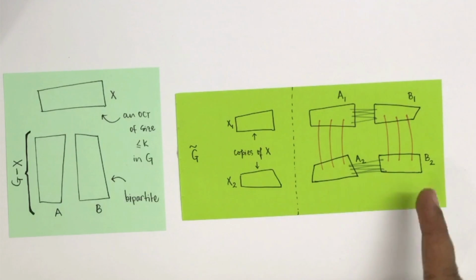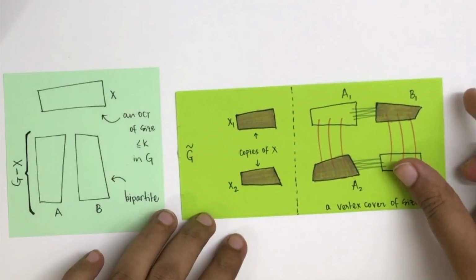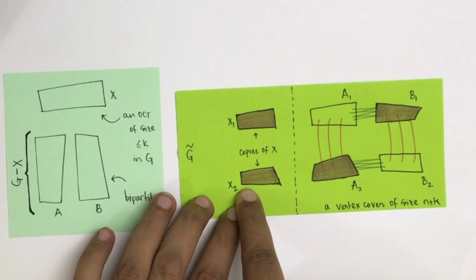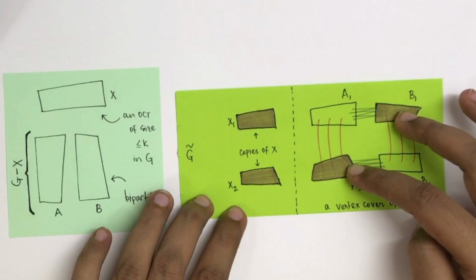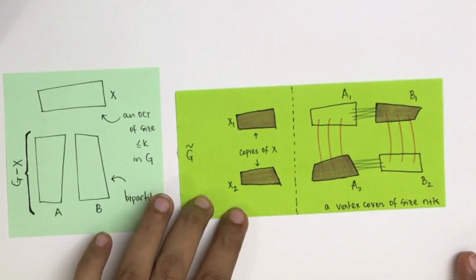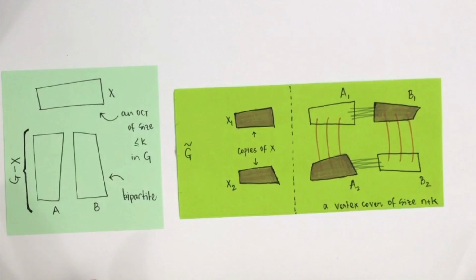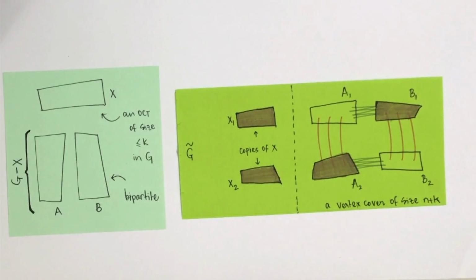Now, of course, you could pick any superset of the set that I described, but because the set that I described is enough, that's what we'll stick to doing. So, for example, here I have the vertices from the two copies of X and A2 union B1. Now, what's the size of the subset that we have picked? As we have already said, the two copies of X will cost us k plus k, that's 2k.